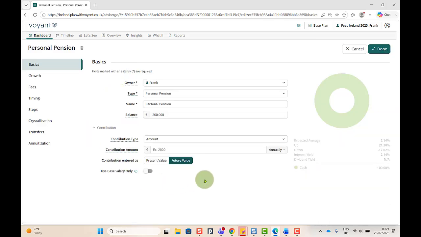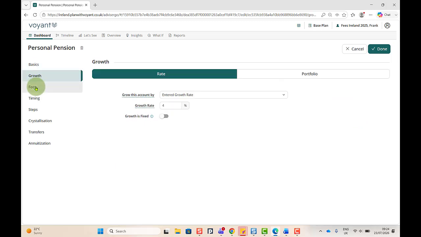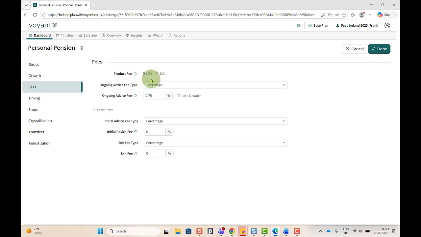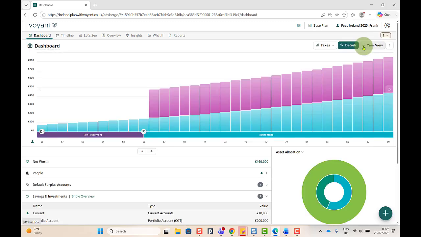You set it up in the way you would normally set a pension up, and I've got the growth rate of 4% and the fees there, exactly the same fees, product fee of 0.5 and the ongoing advice fee of 0.75. Obviously you can change these on an individual account basis if you wish to. In case of a pension, the ongoing advice fee is classed as an authorised withdrawal, so it's not using any of the allowances.